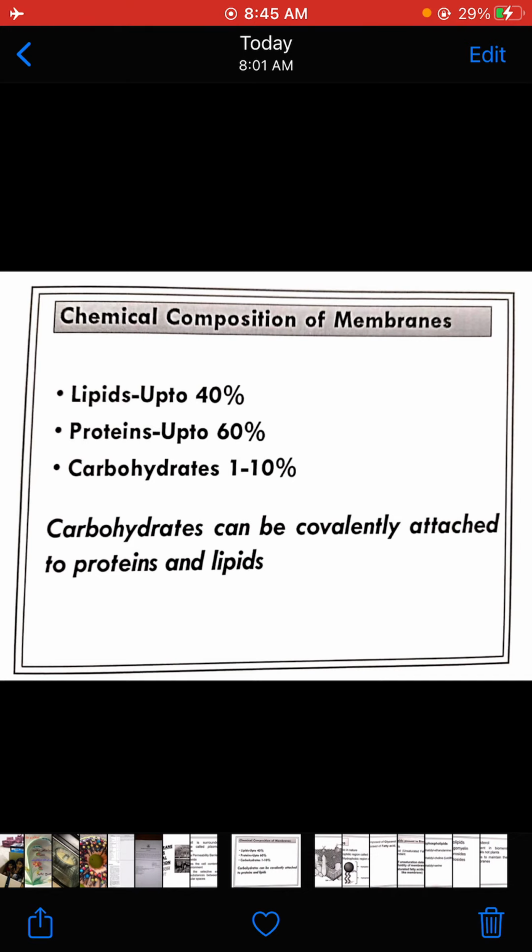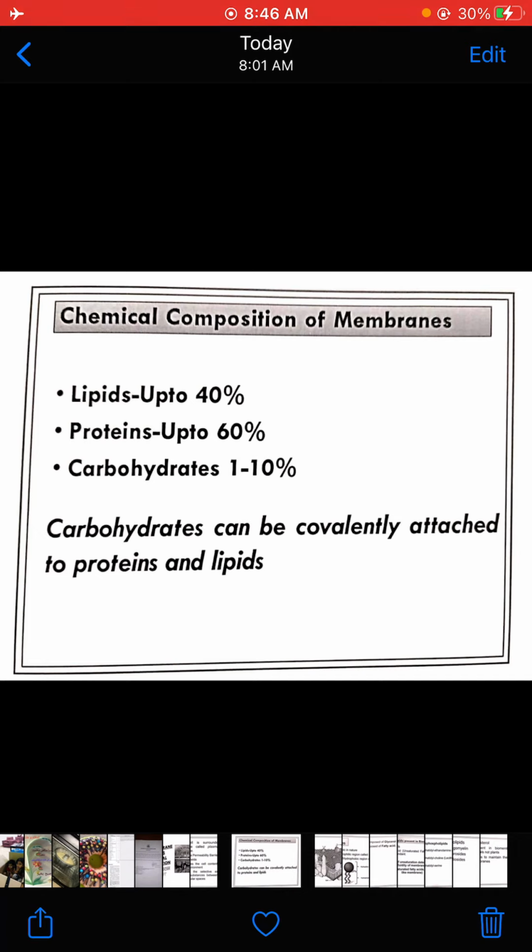They are present in the cell in relation with the lipids and proteins. As for the exact percentages of these biomolecules, lipids make up 40% of the cell membrane, proteins 60%, and carbohydrates 1%. All the carbohydrates are covalently attached to the proteins or the lipids.